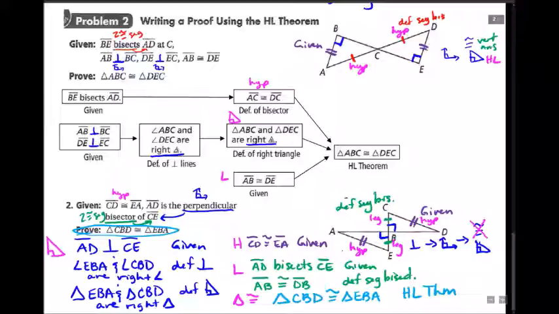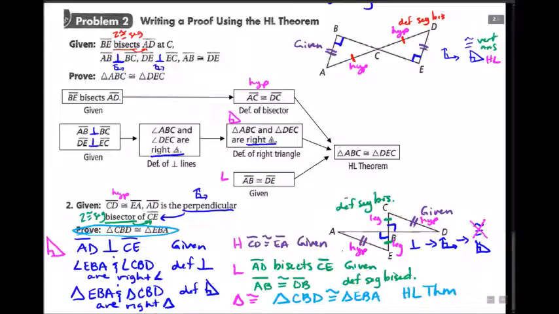Now I know perpendicular leads to right angles, leads to either congruent right angles or right triangles. Both of those are options. We have to wait and see which one we're going to use. Do we need to make our angles congruent, or do we need to turn them into right triangles? And then we know, second, that segment AD bisects segment CE.